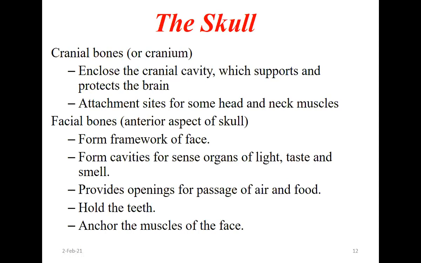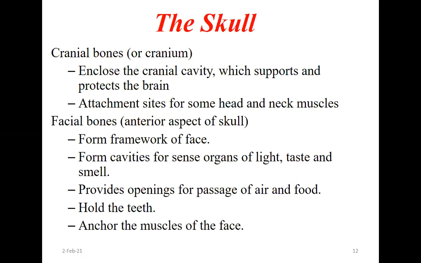There is a cavity for the brain, called the cranial cavity, which supports and protects the brain. Also, like all other bones, the skull bones give attachment to the muscles of the head and neck.